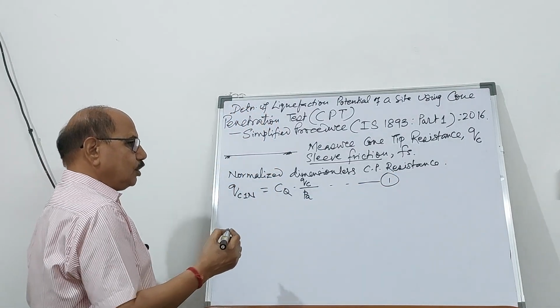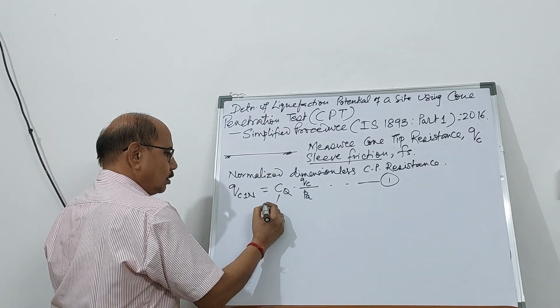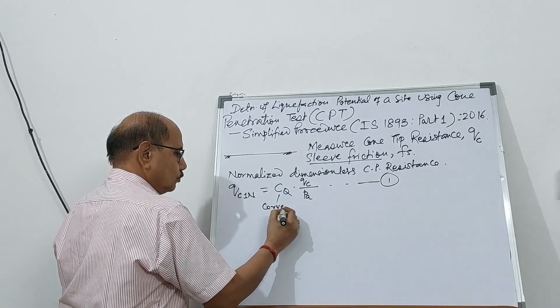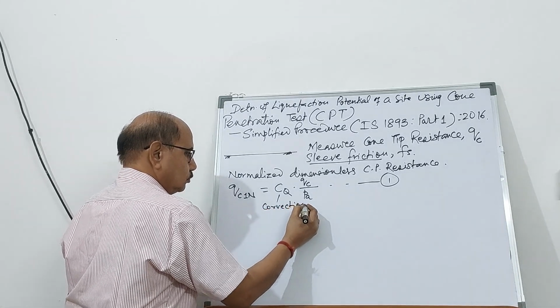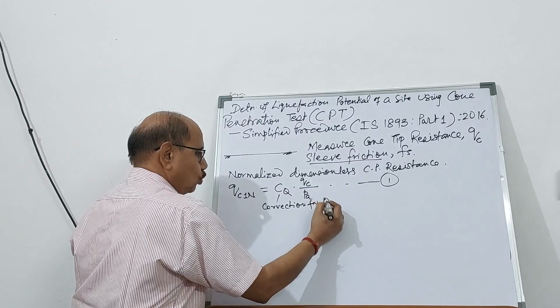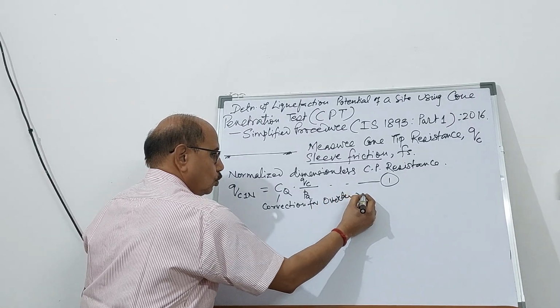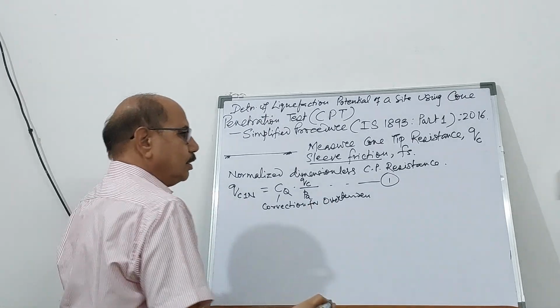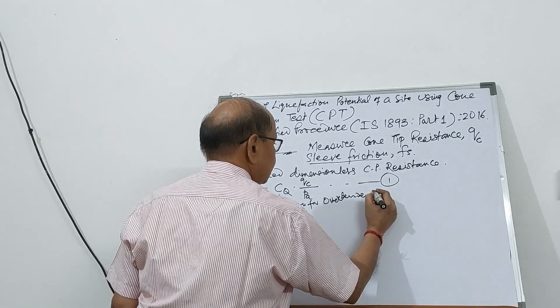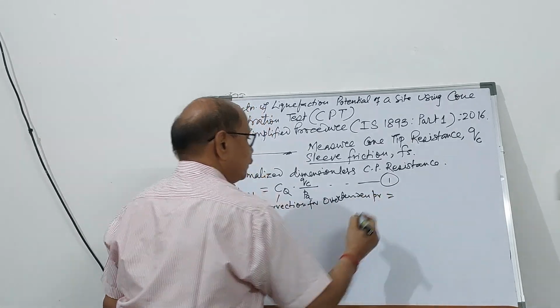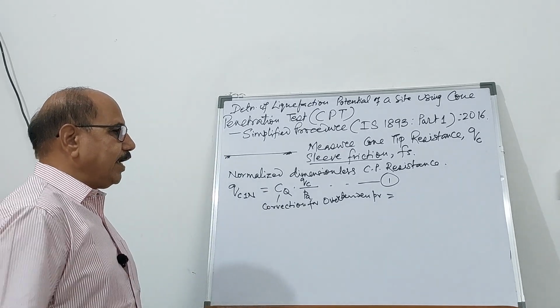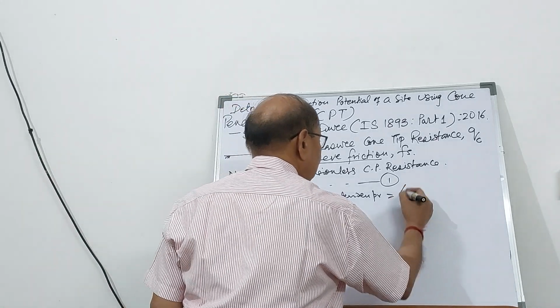where CQ is correction for overburden pressure. So very simple way you can find it out.